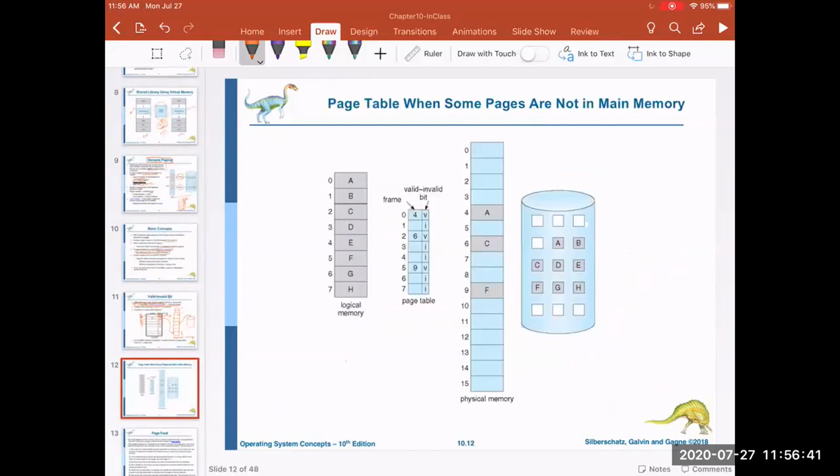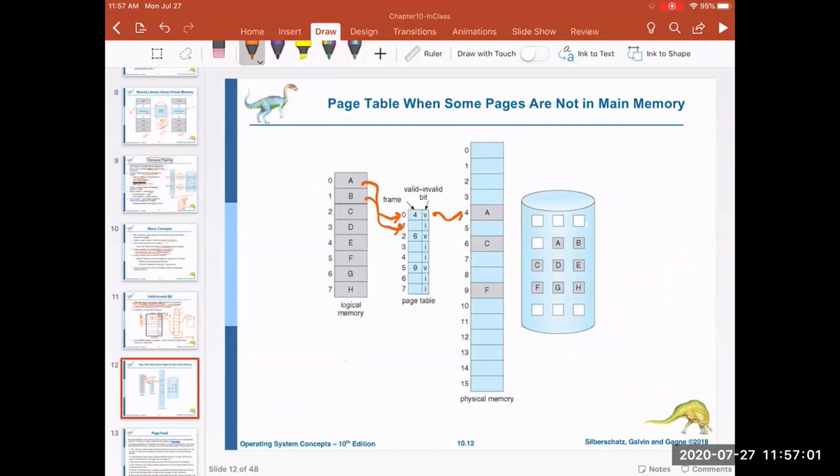The similar thing is happening here. Let us suppose we have these pages. Page number 0 is located at frame number 4. Page number 1 is invalid here, so it is not available inside the memory.